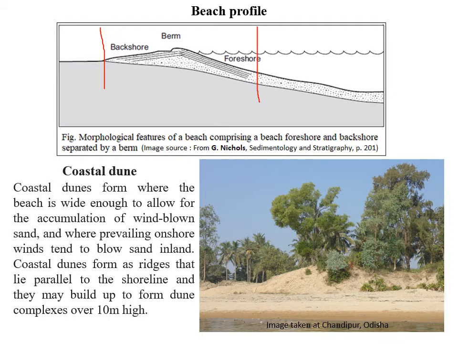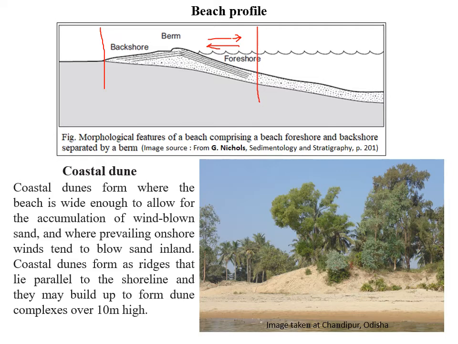So this is the area which regularly faces swash and backwash, that is the wave activity. So all the strata, all the sedimentary depositions in these foreshore areas show a general inclination towards the open marine.